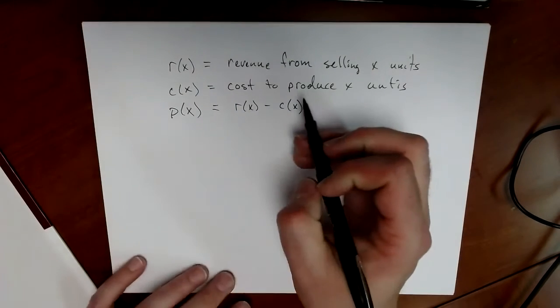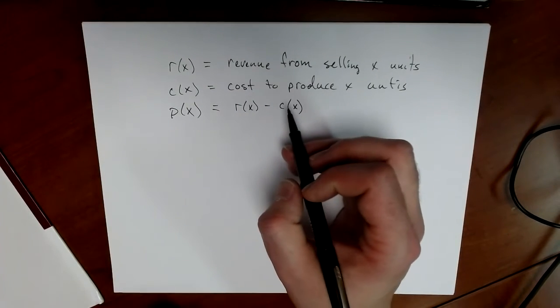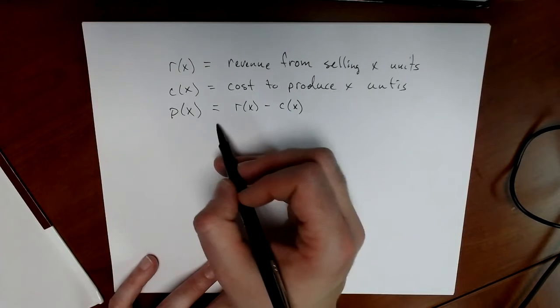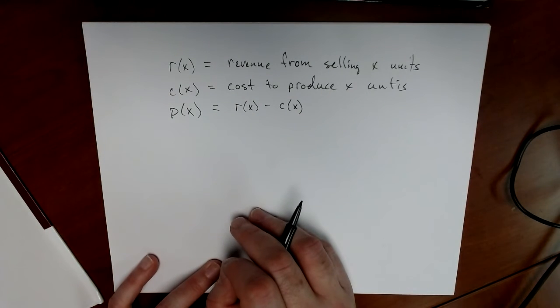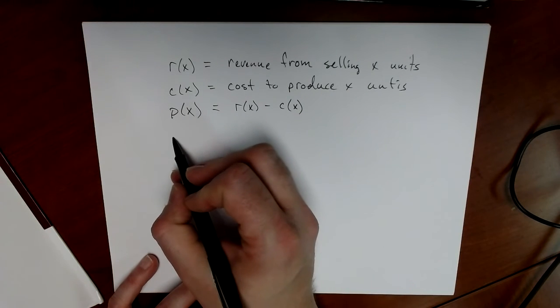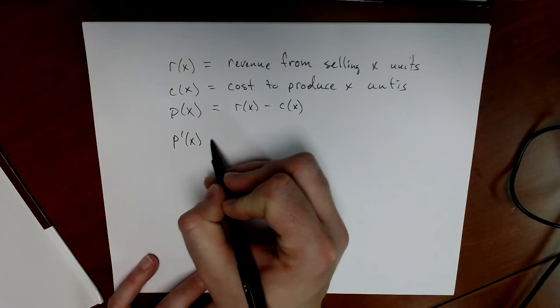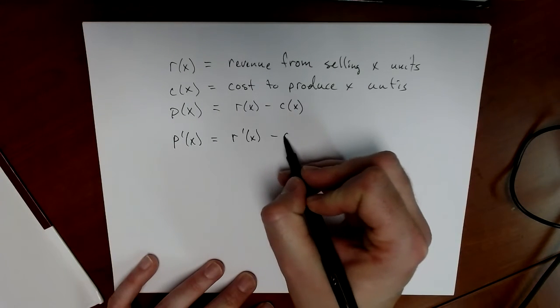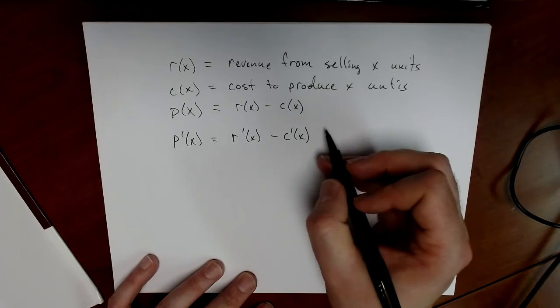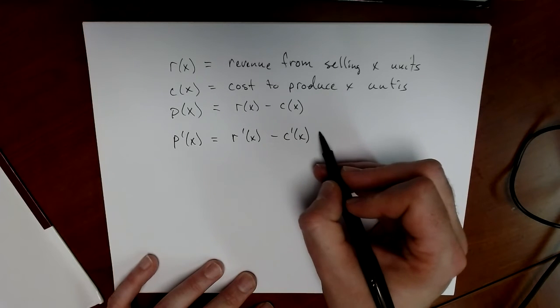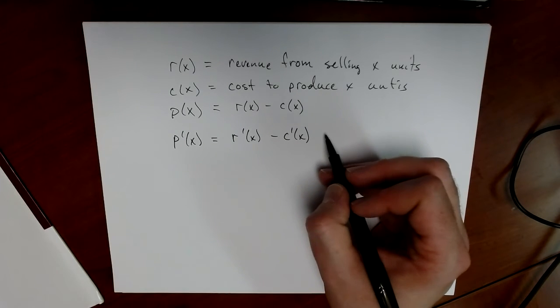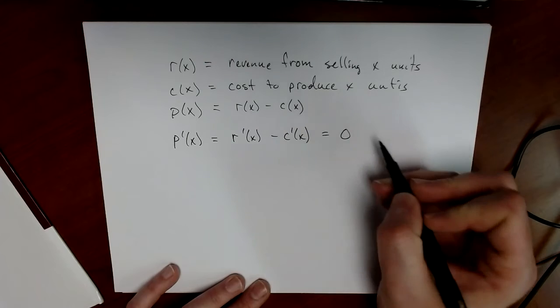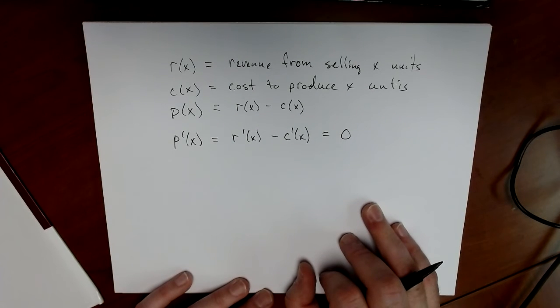So in this case, if we were in business, we'd want to maximize our profit. And in order to maximize our profit, we would find P prime of X. The P prime of X is going to be R prime of X minus C prime of X. So if we're going to try to find a critical point, we're going to look for where this is 0.